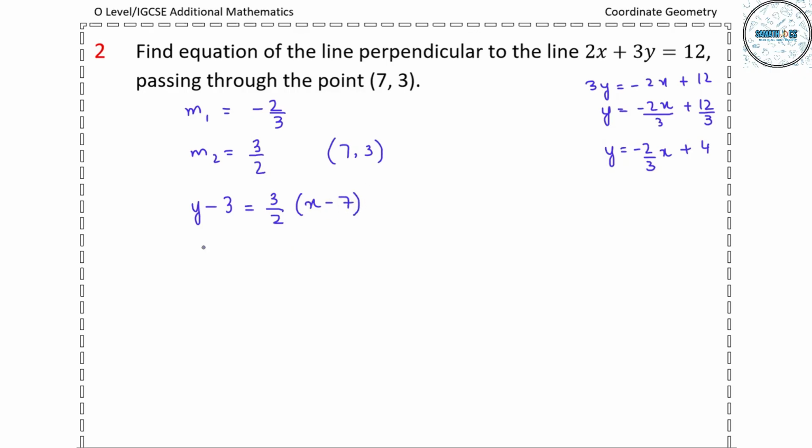We will do cross multiplication. 2y minus 6 is equal to 3x minus 21. 2y is equal to 3x minus 15. And 2y minus 3x is equal to minus 15.